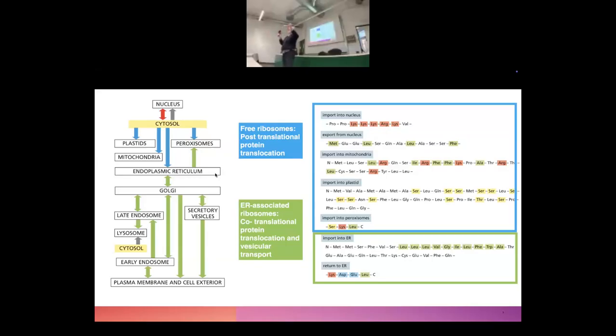This is a transmembrane protein. If it is one that will end up at the plasma membrane, where will be the extracellular part? That will be the one. This one is cytosolic.